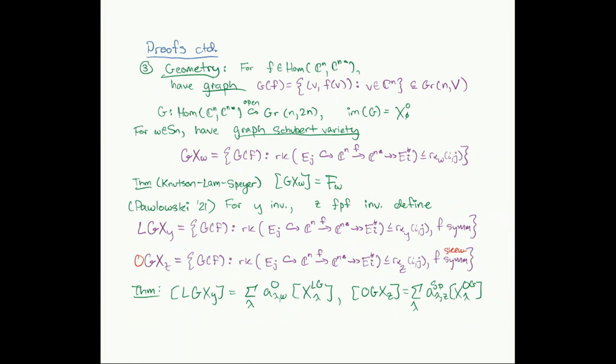Okay, and then a couple years ago, Brendan Pulowski constructed similar constructions in the Lagrangian and orthogonal Grassmannians just by insisting that our linear transformation either be symmetric or skew symmetric.